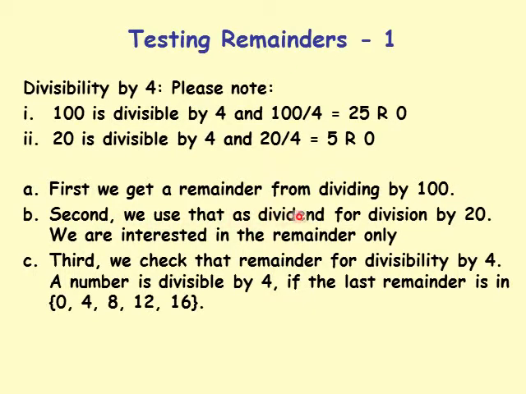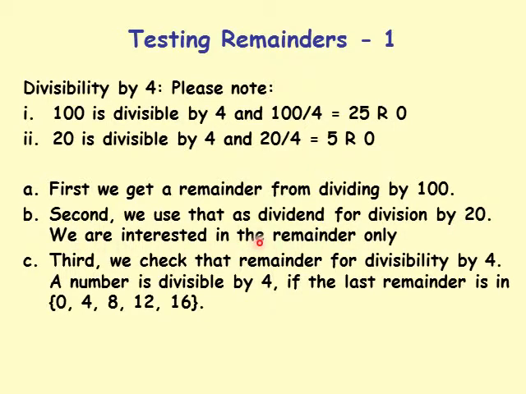Second, we use that as a dividend for division by 20. What's the remainder I got from the first step? I take away all the 20s I can, discard them, and see what's left over. It's the same thing as if I divided that remainder by 20, discarded the quotient and kept the remainder.